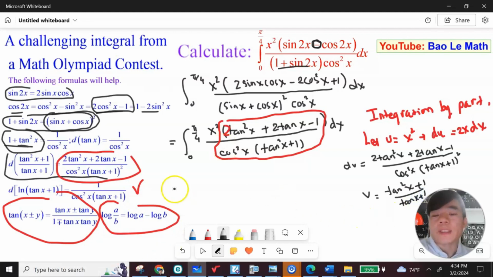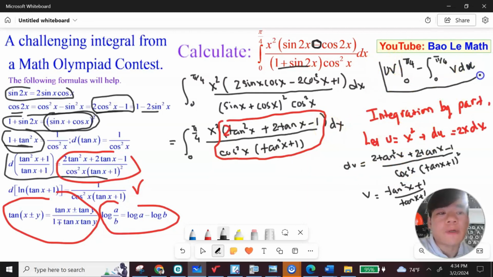By integration by parts, we have the formula: uv evaluated from 0 to pi over 4 minus the integral from 0 to pi over 4 of v du. So this is the formula.